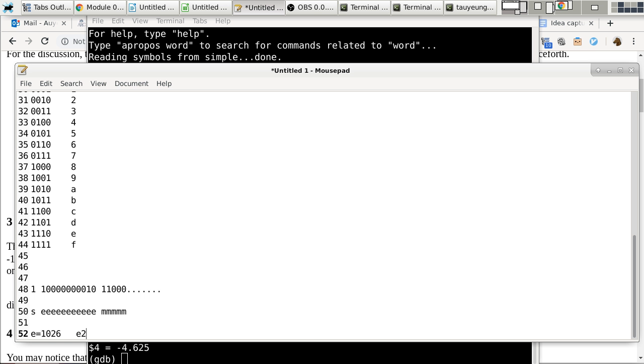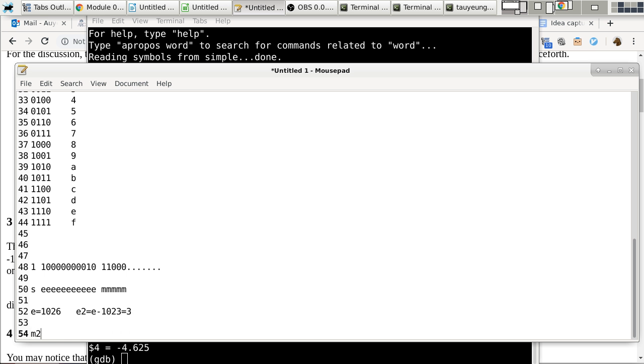If E is 1026, what is E2? Remember, E is a biased representation of the actual exponent. 3 is correct because E2 is just E minus 1023, which turns out to be 3 in this case. Are we good so far? What about M2? I'm not talking about M, I'm talking about M2, which is the actual mantissa. We have to start with 1 point.